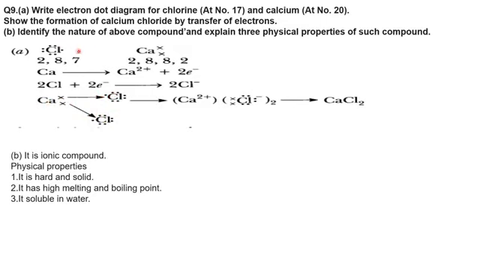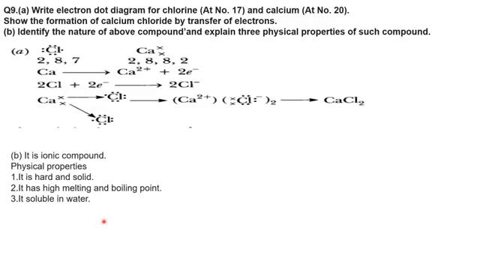So you can show the electron dot diagram first. Then you can show the electronic configuration, and how the calcium ion is formed, and the chloride ion is formed, and the bond, and the compound formed is calcium chloride.